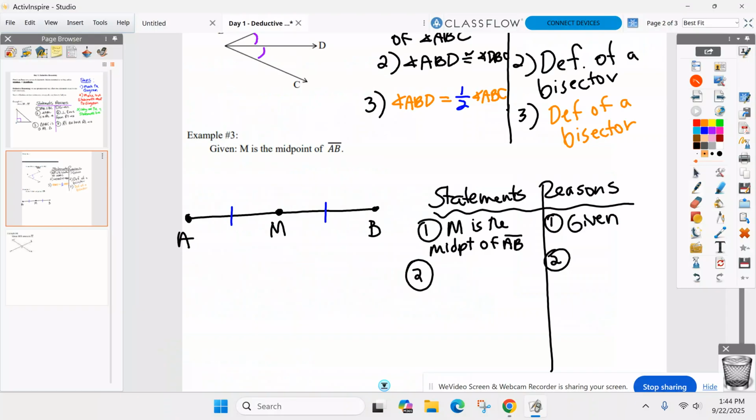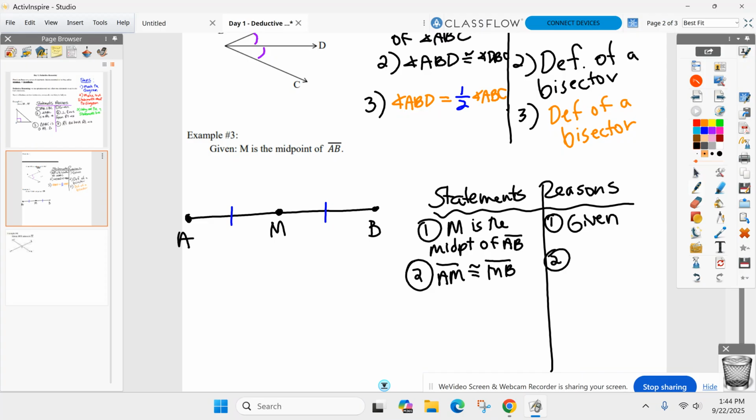Carter, back to you. Segment AM is congruent to segment MB. Thank you. All right, Shreya did it. I won't ask her because she knows the answer to this. Why'd she put hash marks on AM and MB?